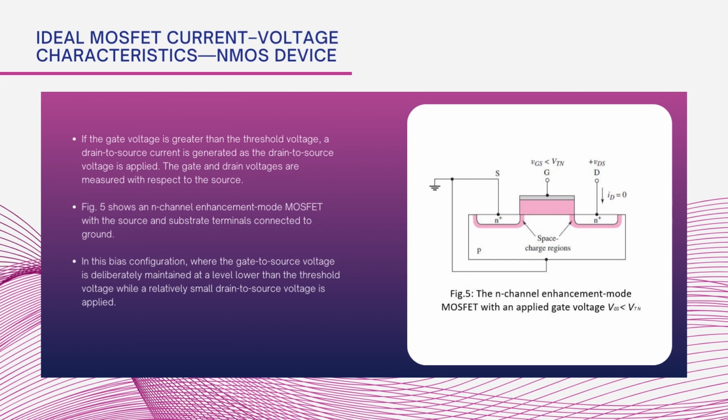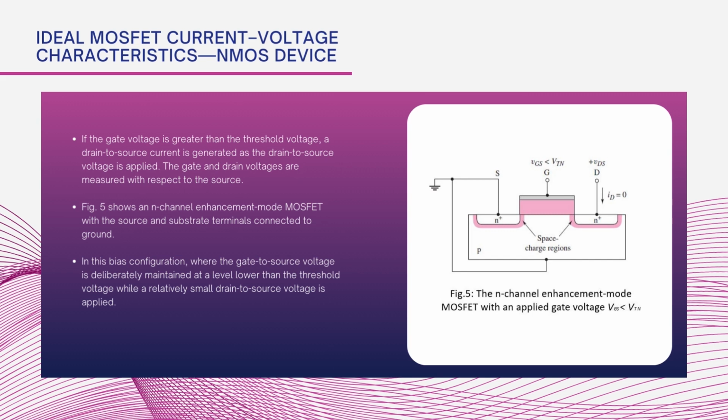Now let us think why this space charge region has formed. Here we can see there is an N plus source and drain and a P type substrate. So, this N and P form a diode structure as we have seen in the earlier lectures. When N is brought near the P, the space charge region, the depletion region, is formed.